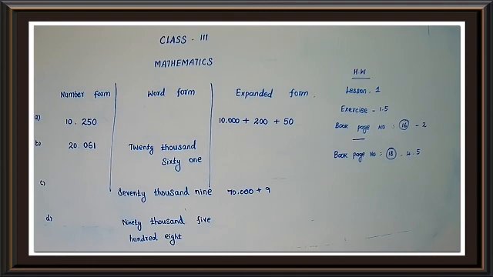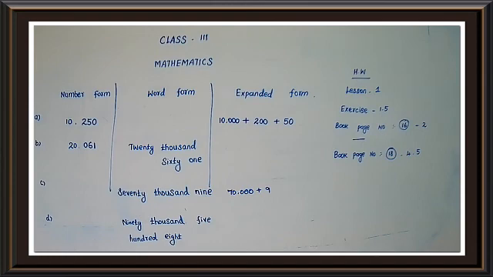Then see the C. The predecessor of 24,351 is. Predecessor means you want to subtract 1. Yes, Mama? So 351 minus 1 is equal to 350. 24,350.